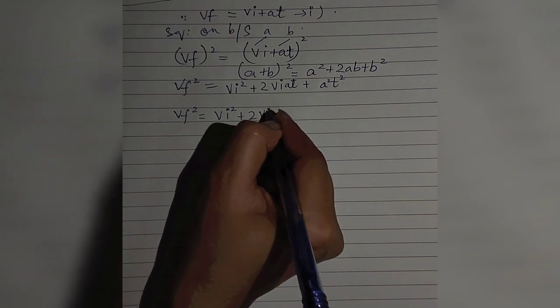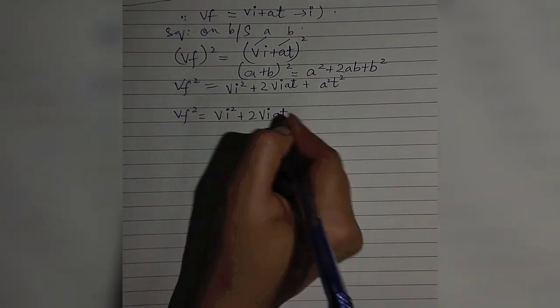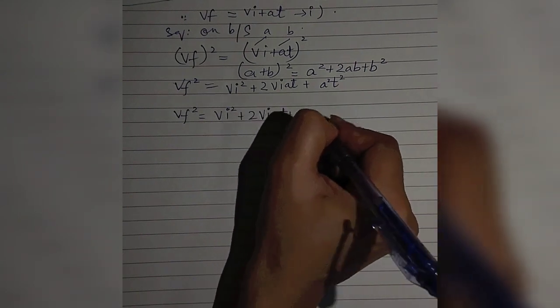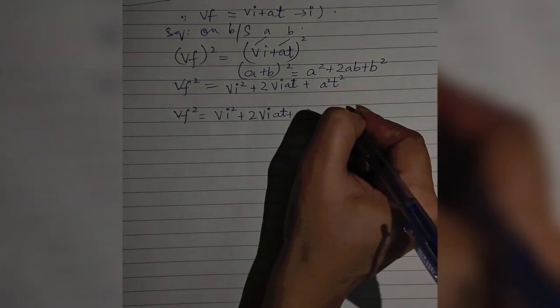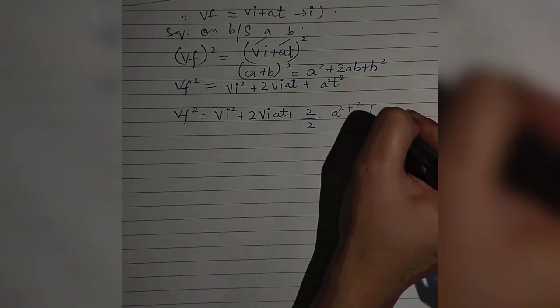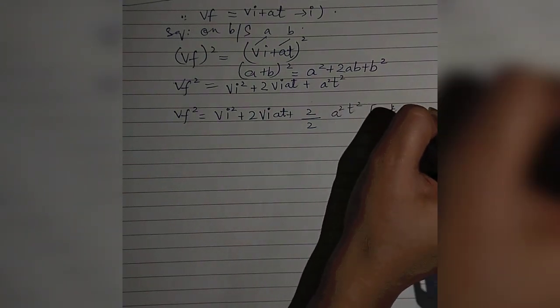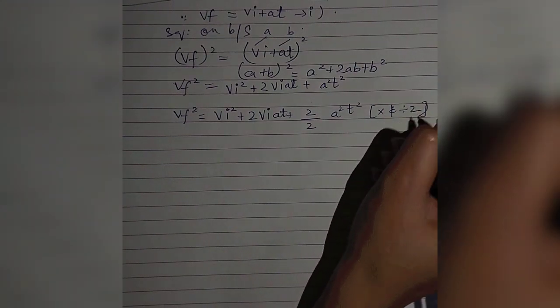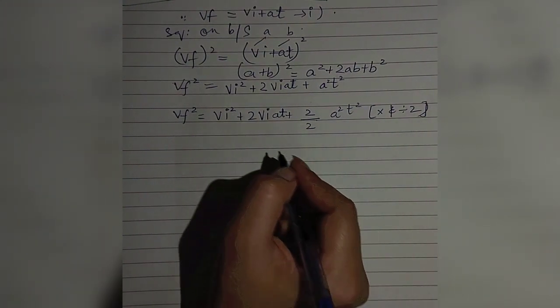This expression remains same. Now I am just multiplying and dividing by 2 over here, only on this side.